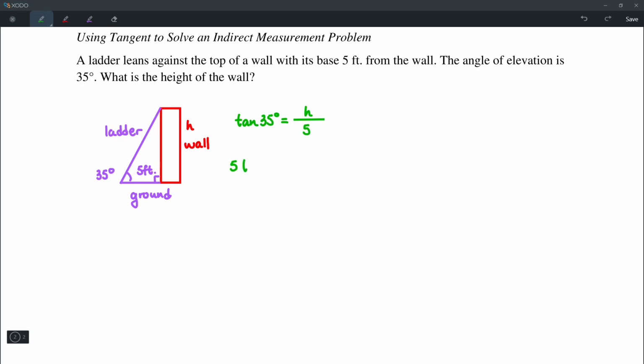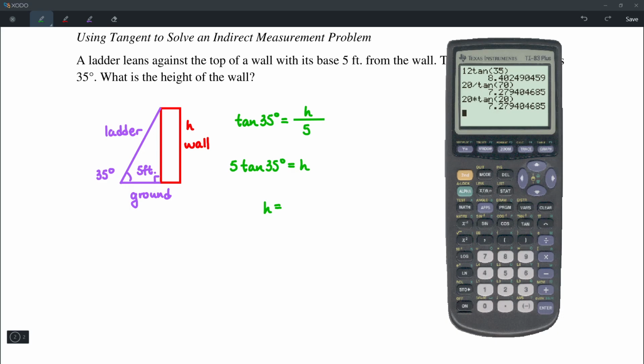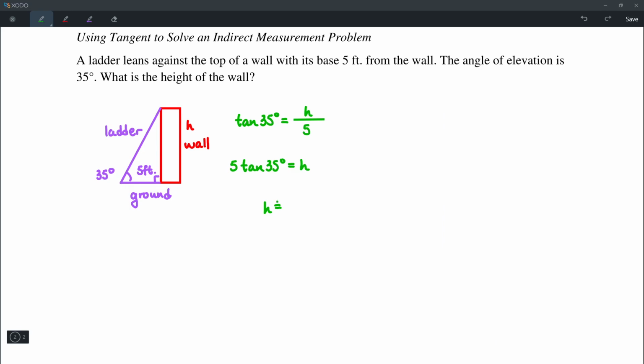We're going to multiply both sides by 5 and be left with 5 tangent of 35 degrees is equal to h. And h is going to be equal to 5 times tangent 35 degrees, which is 3.5 feet. Again, that's approximate or rounded.